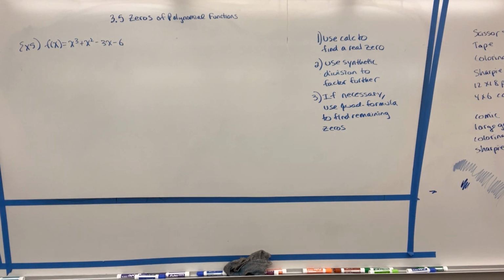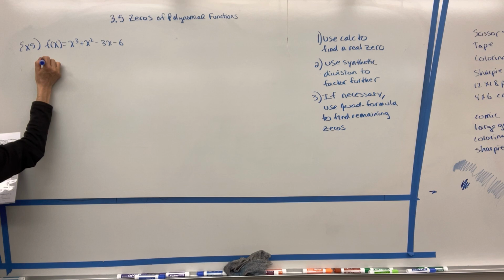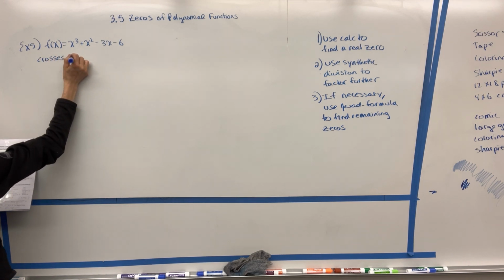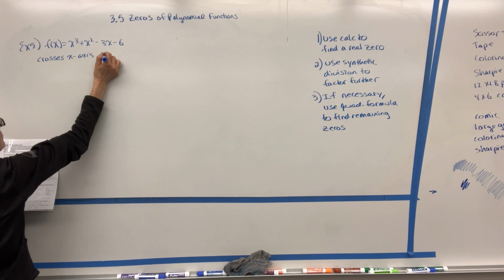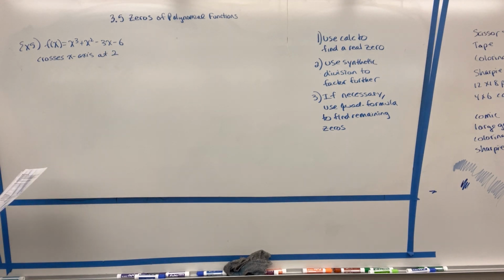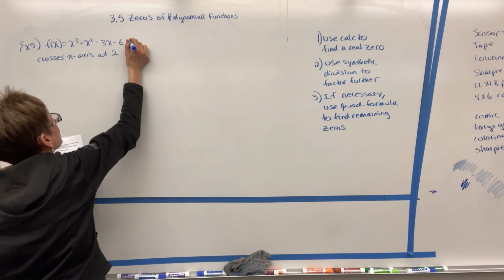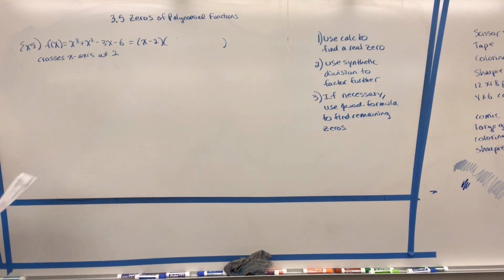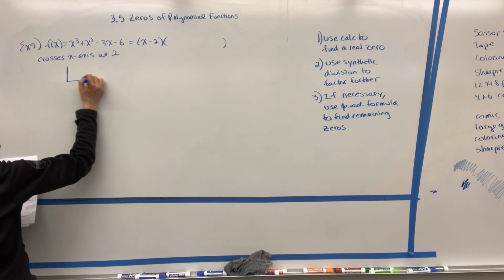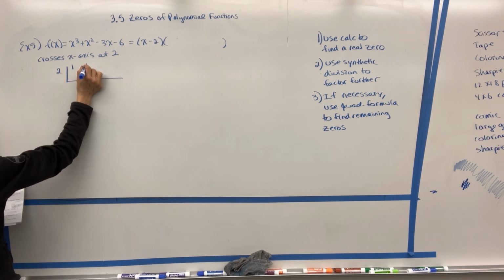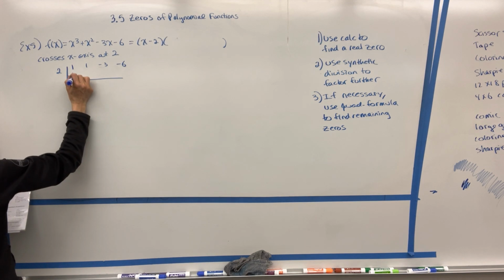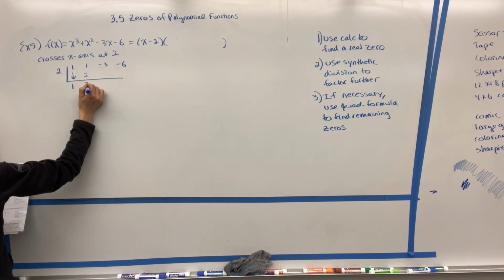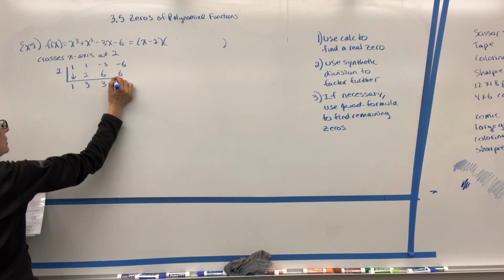If we graph this on a graphing calculator, we can see that the graph crosses the x-axis at 2. So that means I know that x minus 2 is a factor. And I know that if I do synthetic division, I will get a remainder of 0 when I put 2 in here. We still want to do the synthetic division because we're going to use this information to find the other factor.